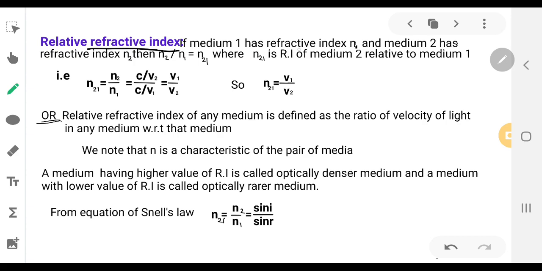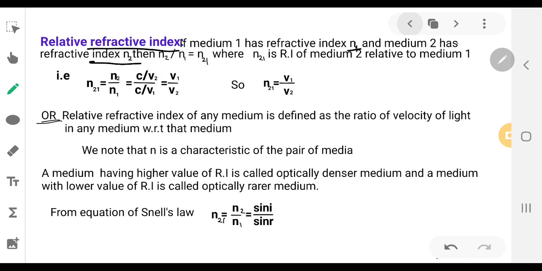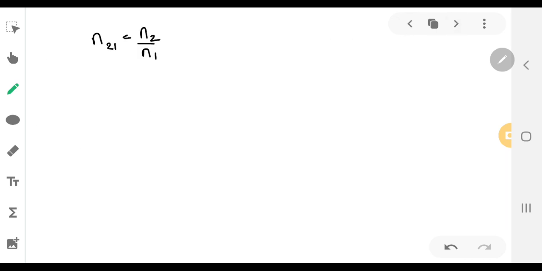Medium 1 has refractive index N1 and medium 2 has refractive index N2. Then N21 is N2 by N1, the relative refractive index of the second medium with respect to the first medium.